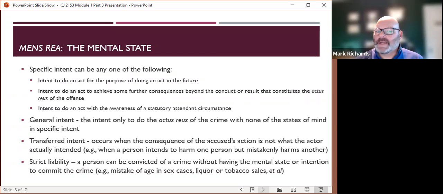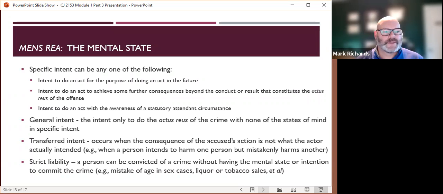Specific intent can be any one of the following examples: intent to do an act for the purpose of doing an act in the future, intent to do an act to achieve some further consequences beyond the conduct or result that constitutes the actus reus of the offense, or intent to do an act with the awareness of statutory attendant circumstances.